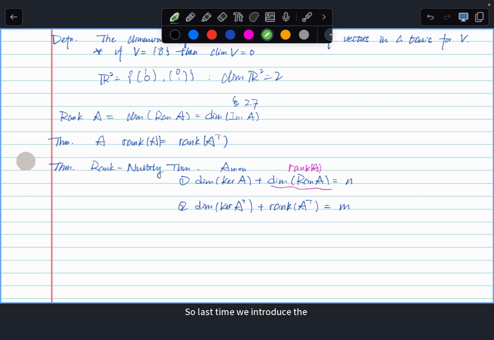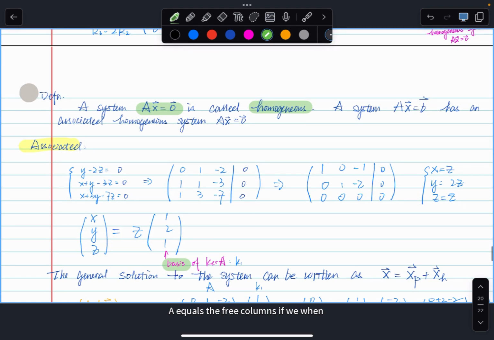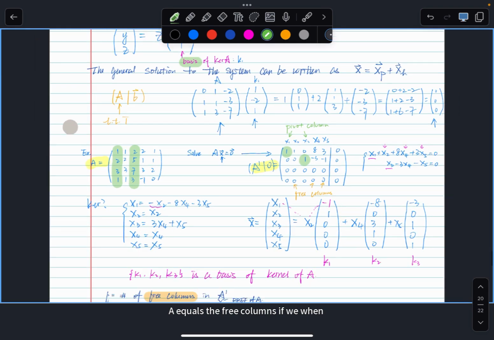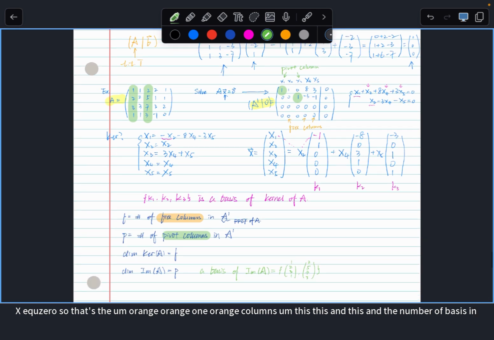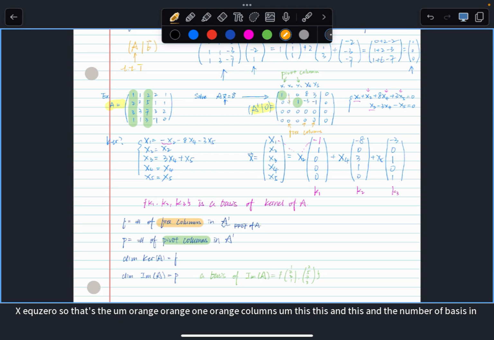So last time we introduced that the basis of the kernel of A is the free columns when we solve AX equals 0. So that's the orange columns, this and this.